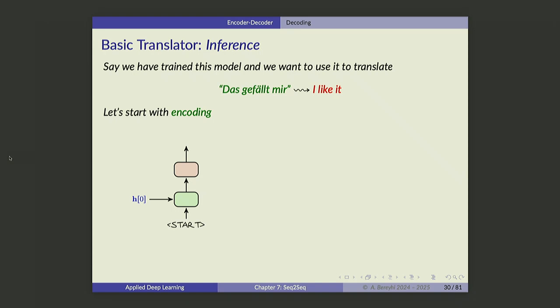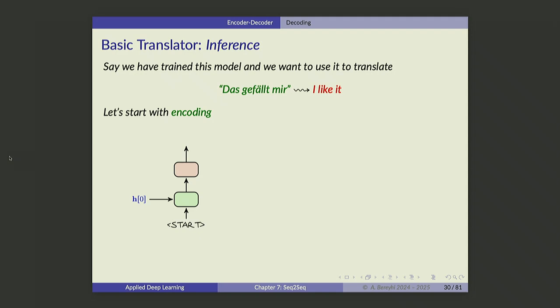They don't say "I like it" directly. You can say that, ich mag das, but the typical thing is that das gefällt mir. That feels good to me. This is different in German, the way that you say it, but it's giving you the same concept as "I like it." But if you want to translate it word by word, it's different.